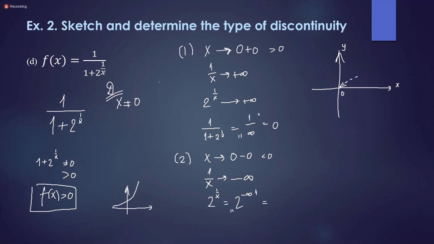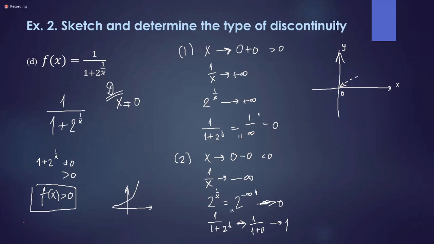And then 1 divided by 1 plus this is 1 divided by 1 plus 0, which tends to 1. So actually tends, not is equal to. So when x approaches 0 from the left, the function value tends to 1, strangely enough.